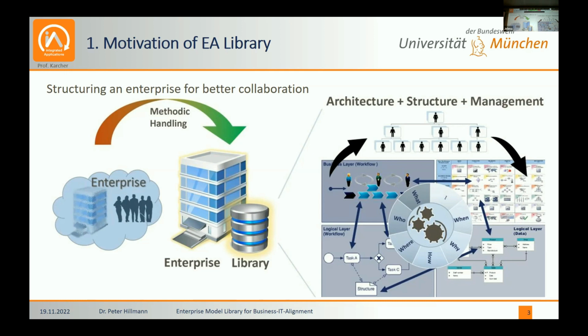I will describe later what different kinds of artifacts we have. We have a control structure, workflows, who is responsible for what, and what data we need in which working step. Also the data models for the IT department. All these things belong together and should be connected.